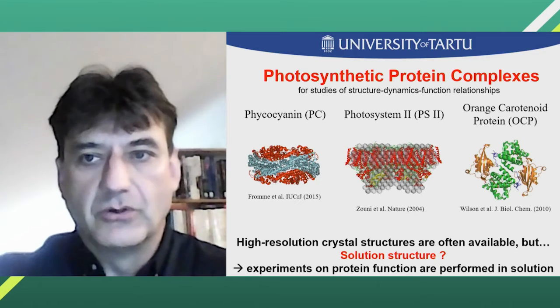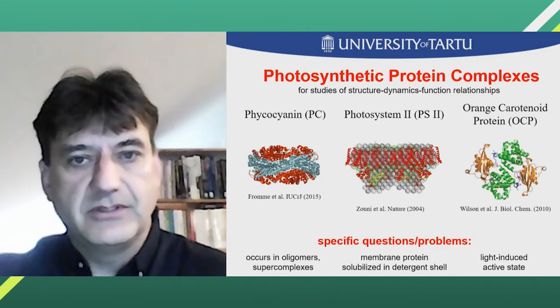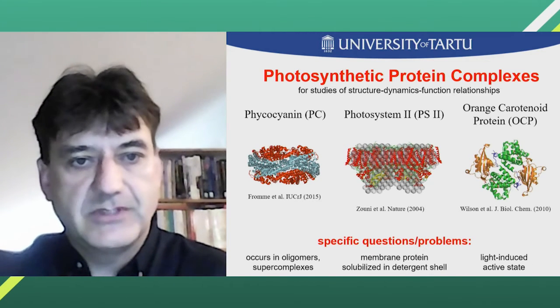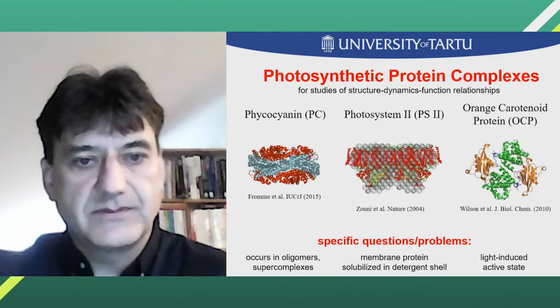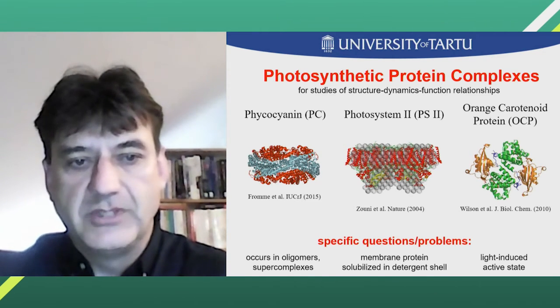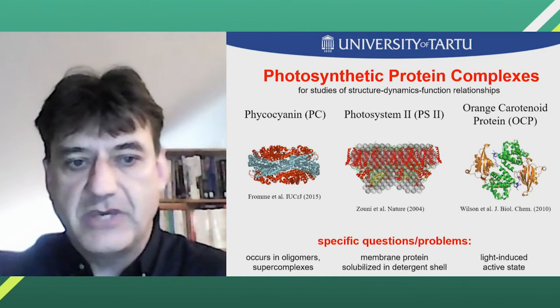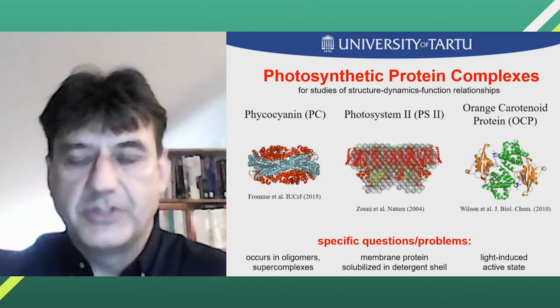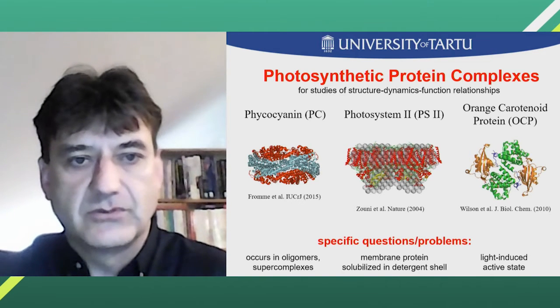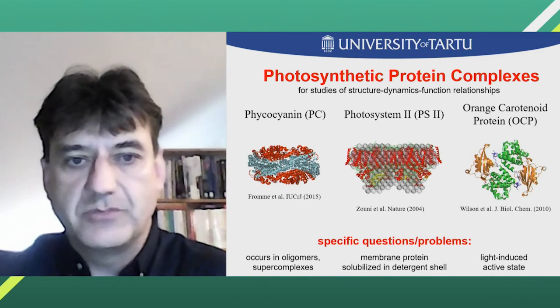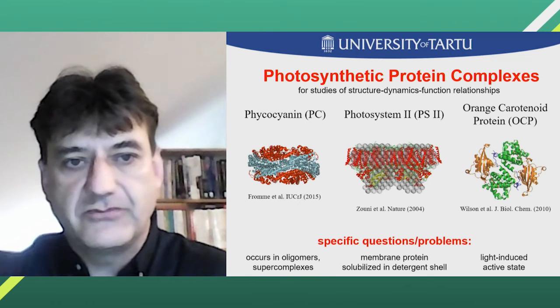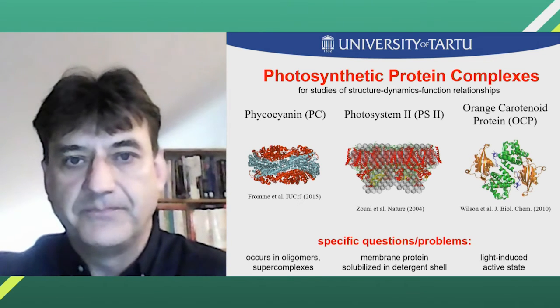And if we go into the detail for each of the sample systems that I want to introduce to you, then Phycocyanin has the property to occur in different oligomers, and depending on organism, it may form various supercomplexes, which are not all crystallized, so that low resolution methods can be very instructive for such studies.